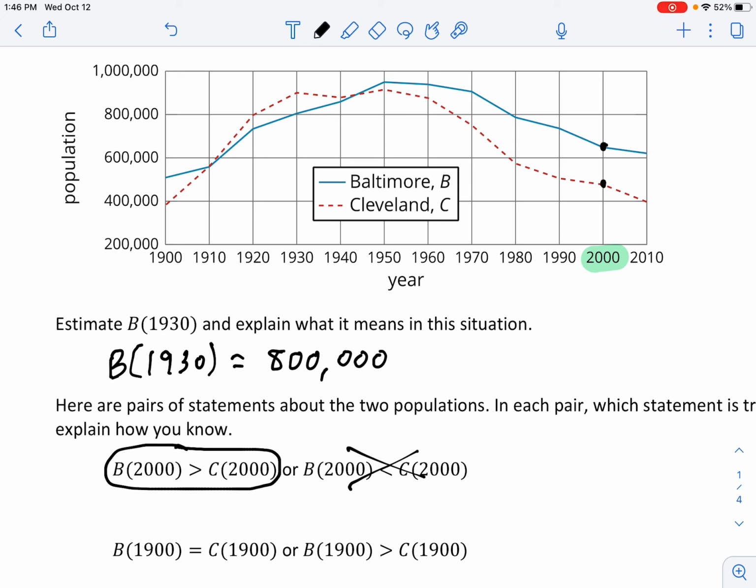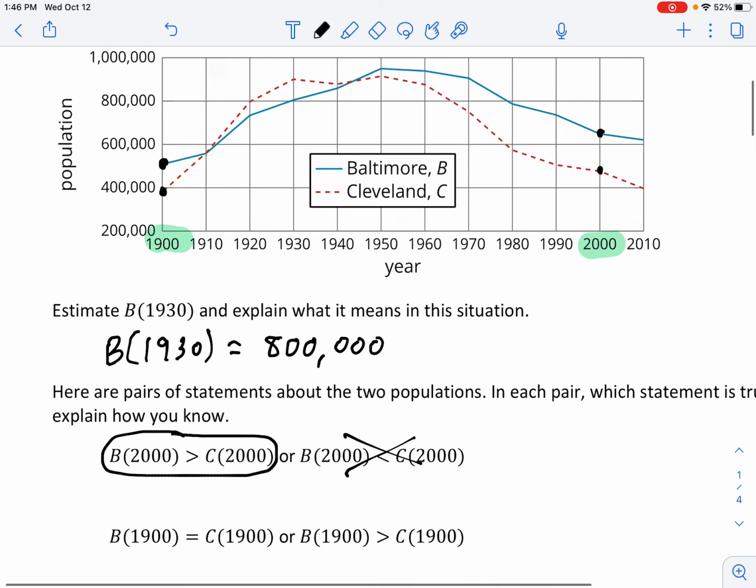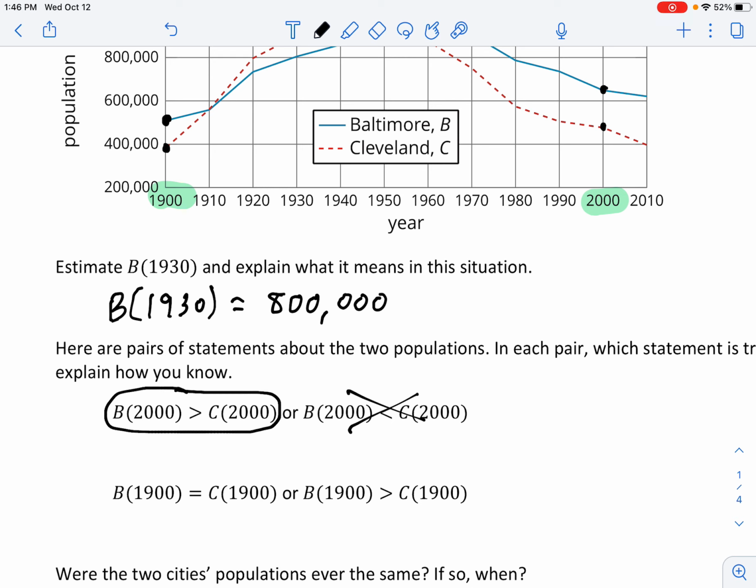The second one is asking us to decide between whether b of 1900 is equal to c of 1900 or if b of 1900 is greater than c of 1900. So what we would do is just go to 1900 on the graph, which is way over here on the left. And same thing, go up to the graph. And the first thing we can notice is that they are two distinct points. So that completely rules out the first one where it says b of 1900 is equal to c of 1900.